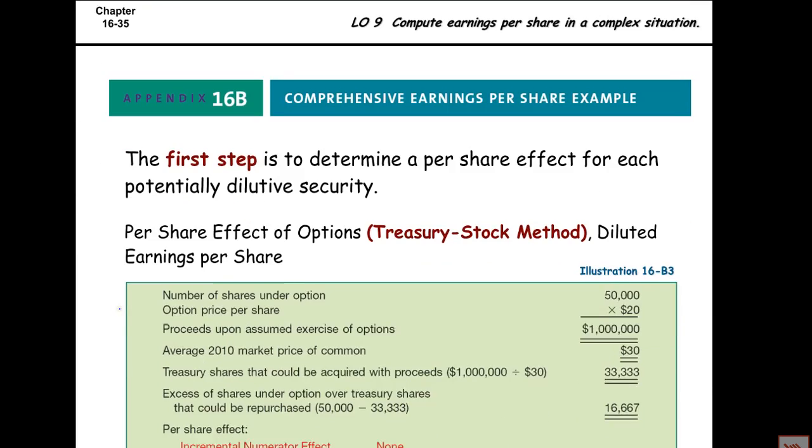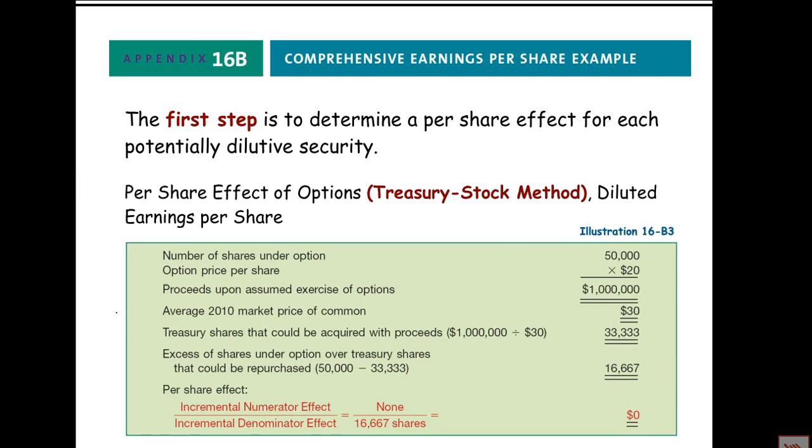All right, so we have to determine the per share effect. I did mention that the options were dilutive because the average stock price during the year was greater than the exercise price. So we're going to use the treasury stock method. The formula is the market price minus the exercise price over the market price times the number of shares in the option grant.